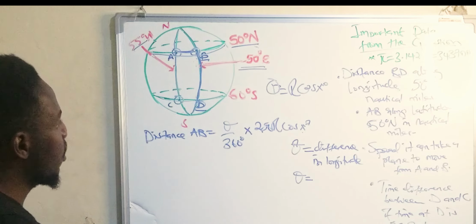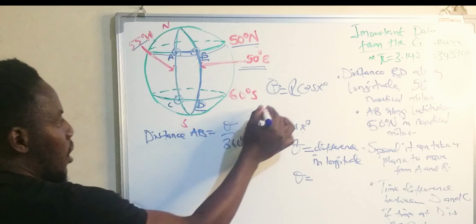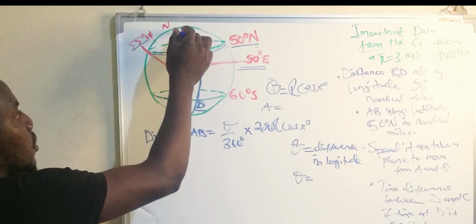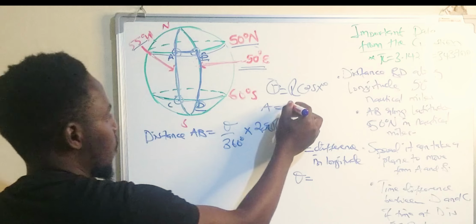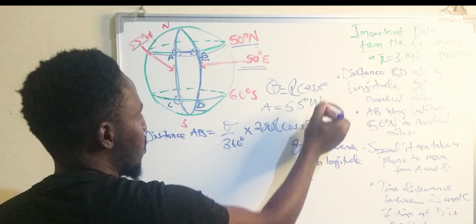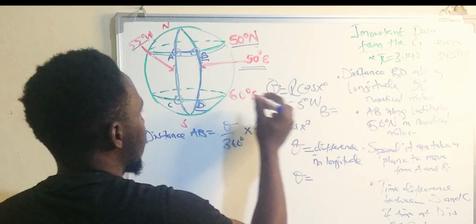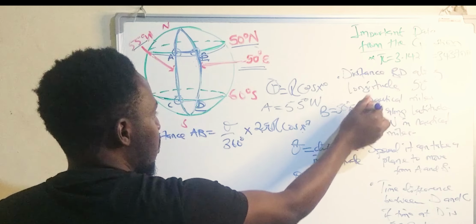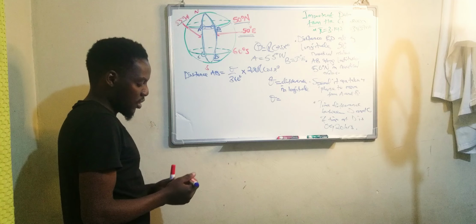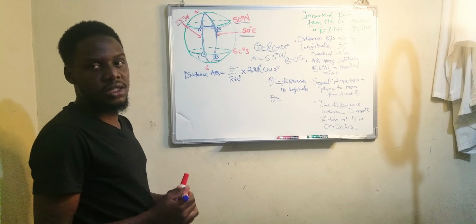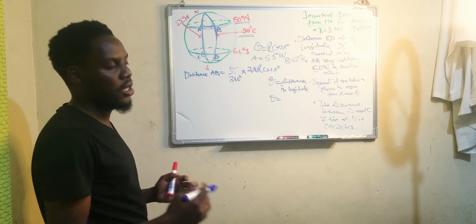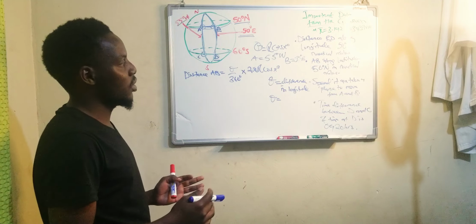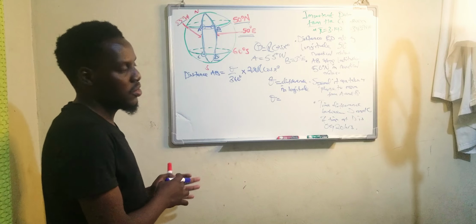So let's see. Which longitude is A on? A is on longitude 55 degrees west, while B is on 50 degrees east. To find the difference in longitude, you add those 2 points if they lie on different sides of the Greenwich meridian, west and east, or you subtract them if they are on the same side of the Greenwich meridian.